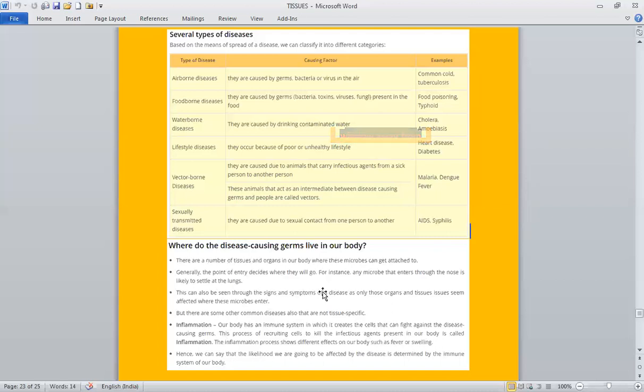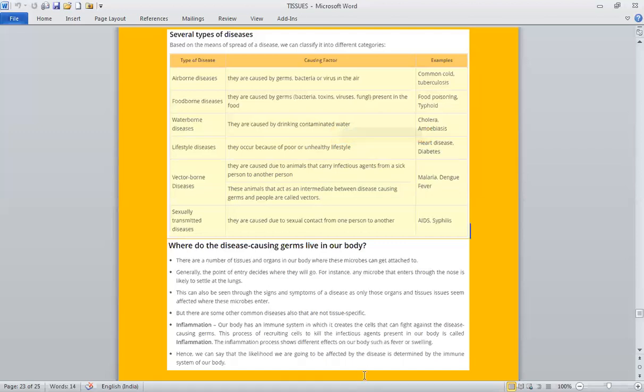For instance, any microbe that enters through the nose will most probably settle in the lungs. And this can also be seen through the signs and symptoms of a disease. Only those organs and tissues are seen affected which the microbe enters. But there are some other common diseases which are not tissue specific.